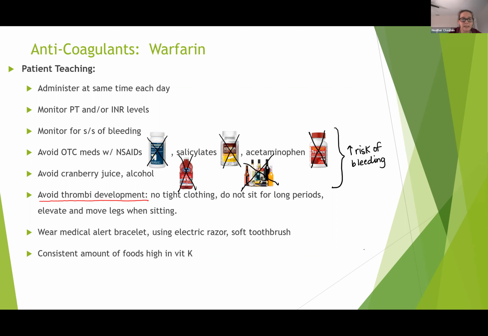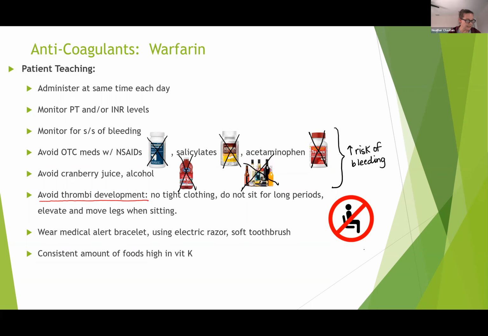So to prevent thrombus from forming, they should wear no tight clothing, not sit for long periods of time, and elevate and move their legs when they're sitting, so that their legs aren't dangling. They should wear a medical alert bracelet, use an electric razor, and use a soft toothbrush.